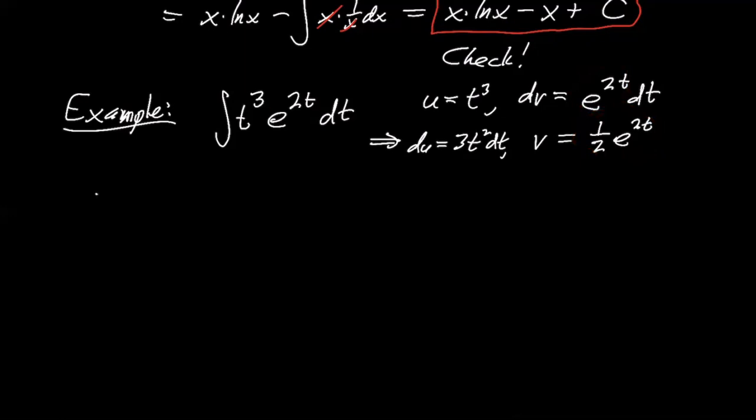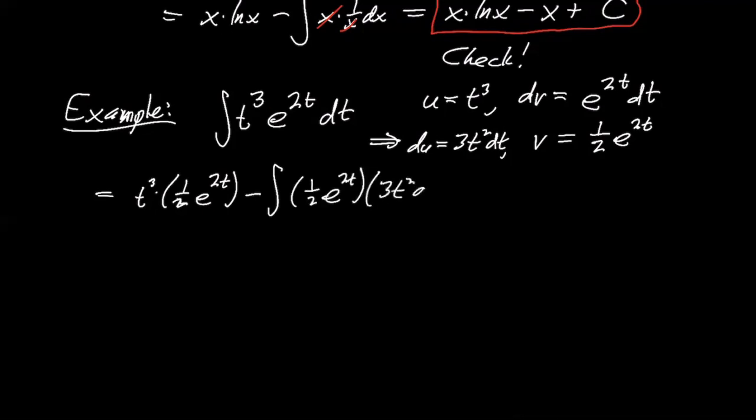Okay, so we get, let's just see if this is progress. t cubed times 1/2 e to the 2t, that's u times v, minus the integral of v du. So that's 1/2 e to the 2t times 3t squared dt.